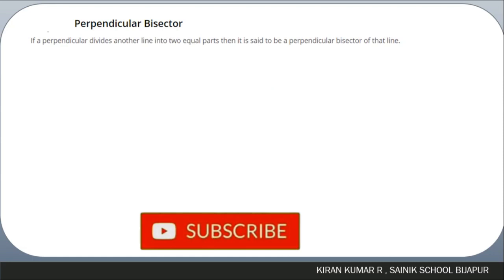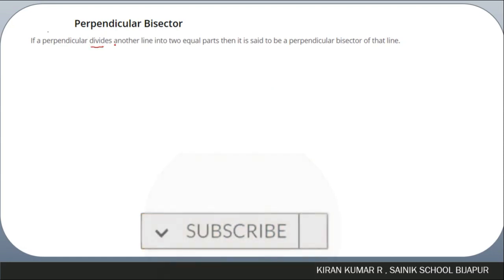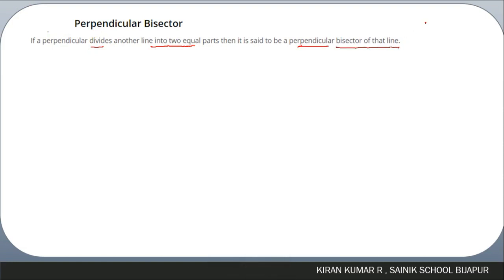If a perpendicular divides another line into two equal parts, then it is called a perpendicular bisector of that line. Here, in this context, line refers to line segment, not to be confused with that.